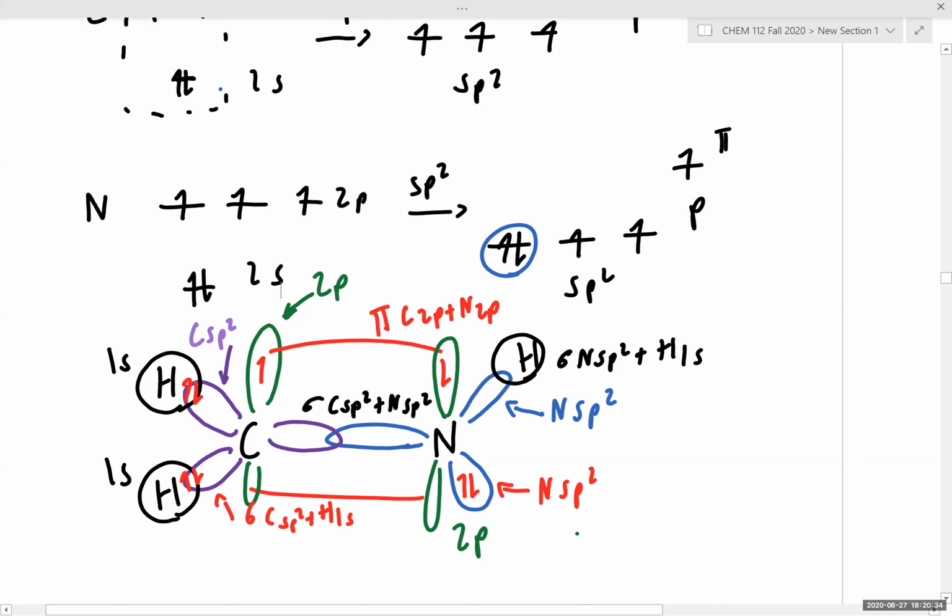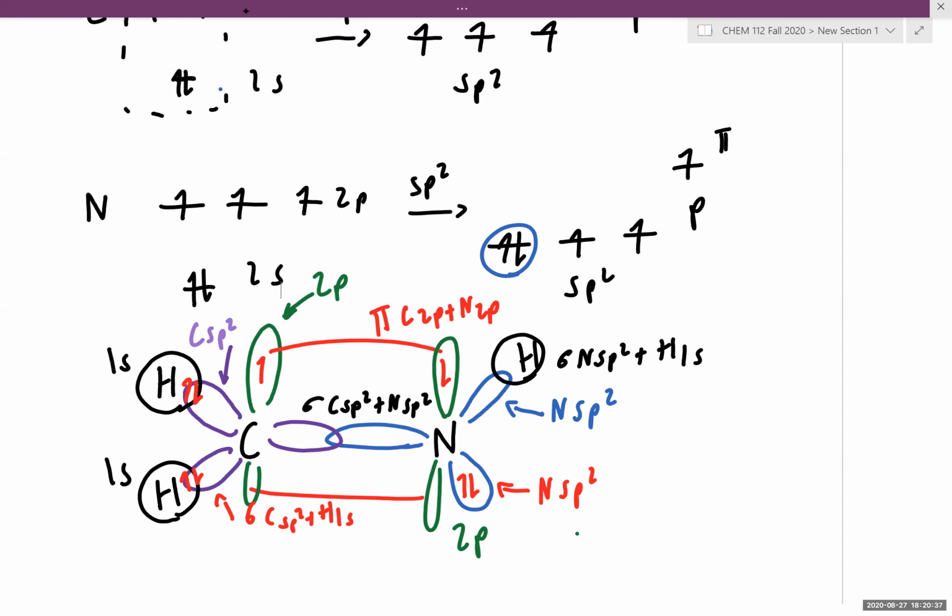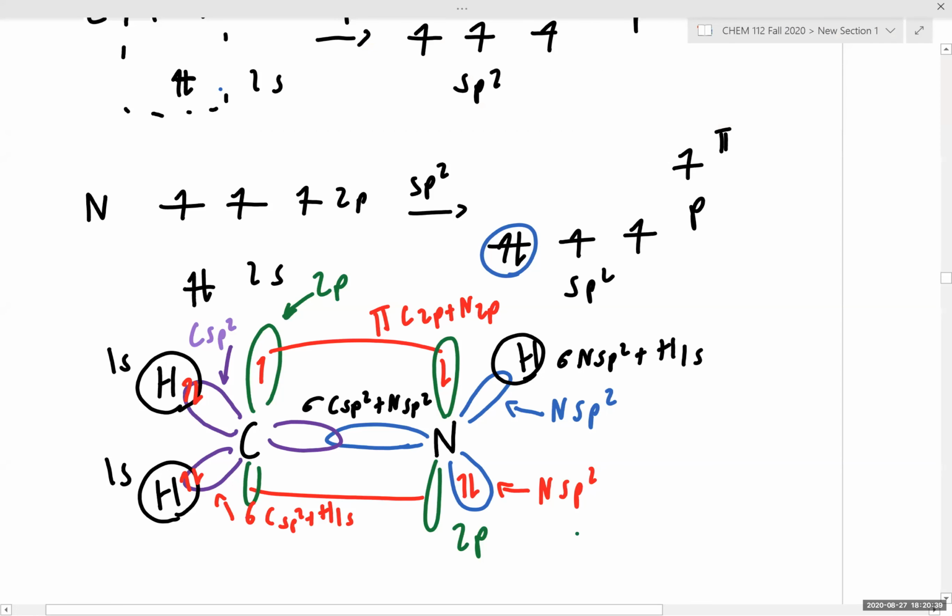As we notice in this picture, the lone pair on nitrogen is in what orbital? It's in an sp2 orbital. Okay, perfect. So before we showcase the payoff for this discussion, any questions on how we drew this orbital picture?